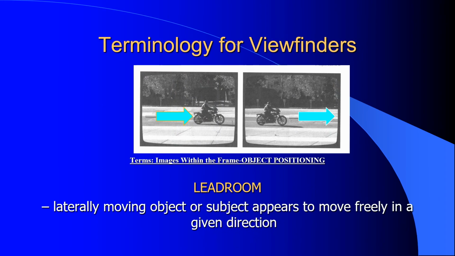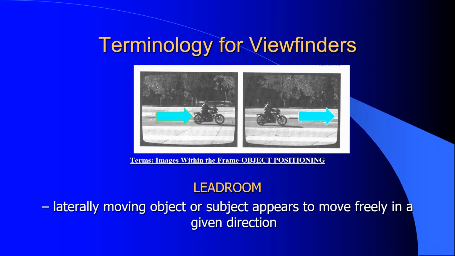Lead room has to do, again, sort of with the motion vector. That is that there is an object that is in motion in a particular direction, and how much room does that person or that object have with respect to the side of the frame.